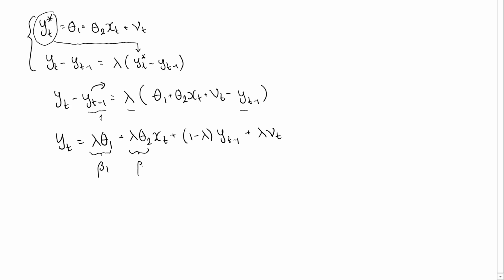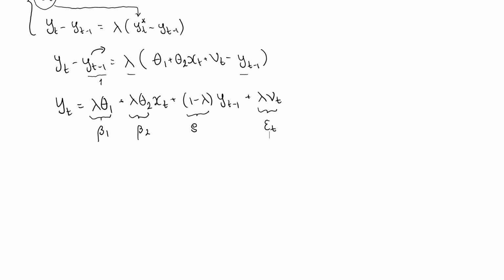We rename this to beta 2, and we rename 1 minus lambda to rho. We create a new sequence of errors called epsilon t. Each epsilon t is just lambda times nu t. Then our partial adjustment model can be written as yt is equal to beta 1 plus beta 2 xt plus rho yt minus 1 plus epsilon t.